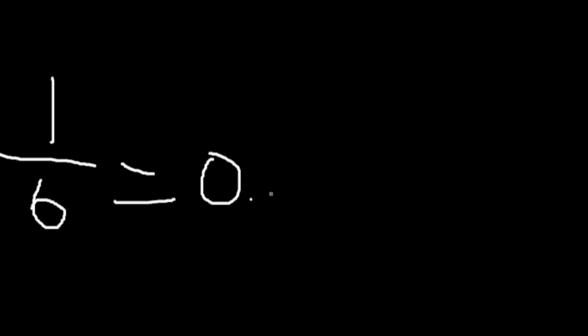Because we have a digit that doesn't repeat, that being 1, and we do have another one that does repeat, that being 6. So what you would do in this situation is you put the bar over the part that repeats, which in this case is 6. So 1 over 6 is equal to 0.16 repeating.